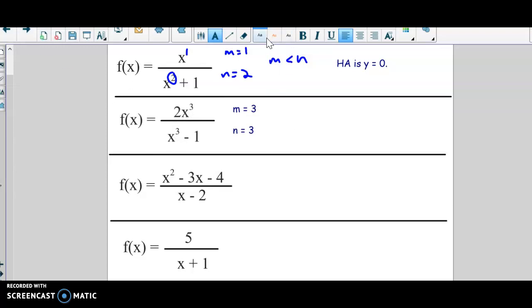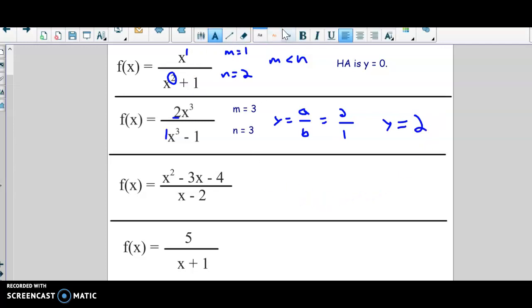If you look at your chart from your notes, it says the horizontal asymptote is y equals a over b. Our leading coefficients are 2, and there's an invisible 1 here. So a over b is 2 over 1, which is just 2. So the horizontal asymptote is just y equals 2.